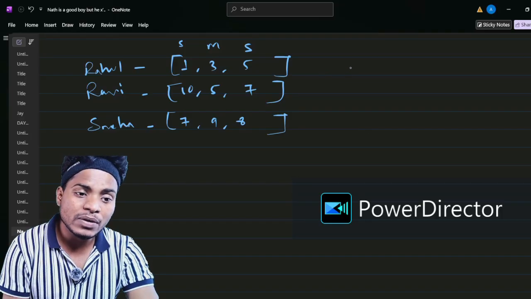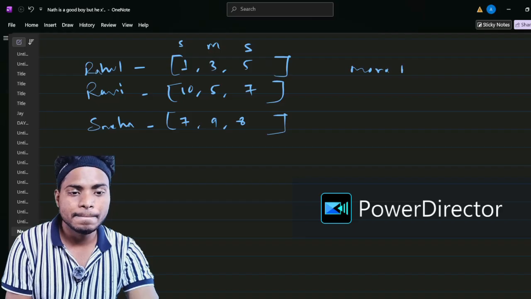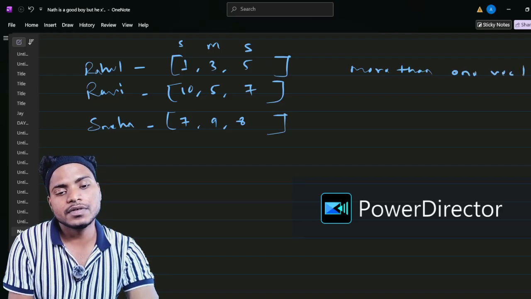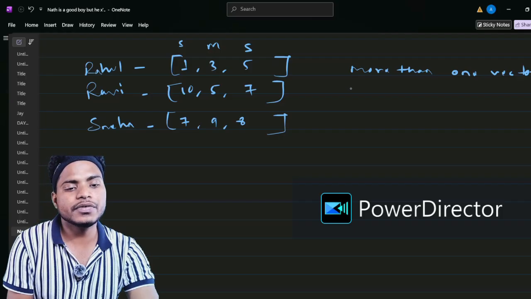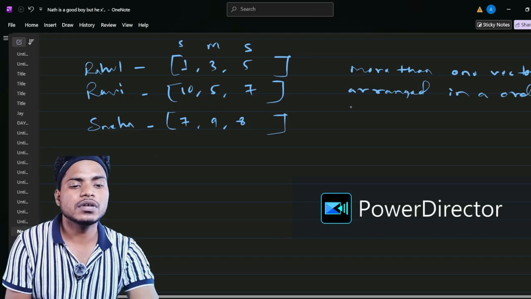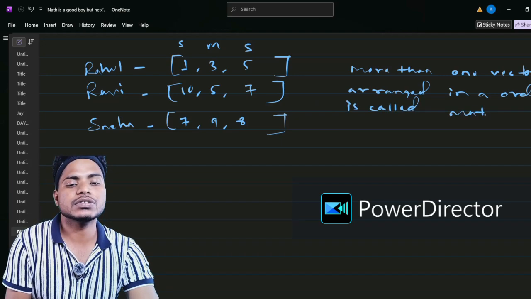When more than one vector is arranged properly in order, it's called a matrix.